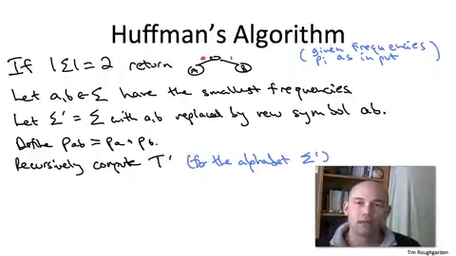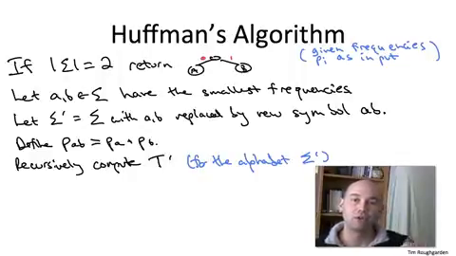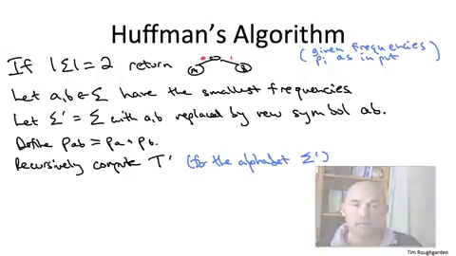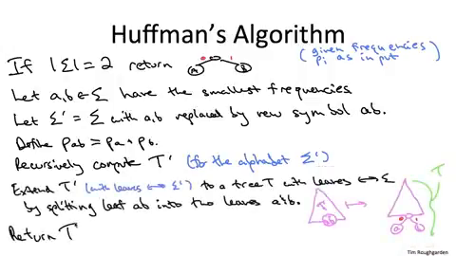And the obvious way to do that is to split the leaf labeled AB, replace that with a new internal unlabeled node with 2 children, which are labeled A and B. The resulting tree, capital T, with leaves in correspondence to the original alphabet sigma is then the final output of Huffman's algorithm. As always with a greedy algorithm, we may have intuition. It may seem like a good idea, but we can't be sure without a rigorous argument. That is the subject of the next video.